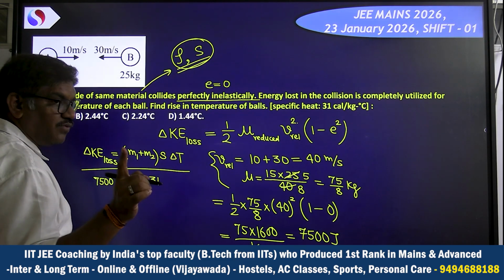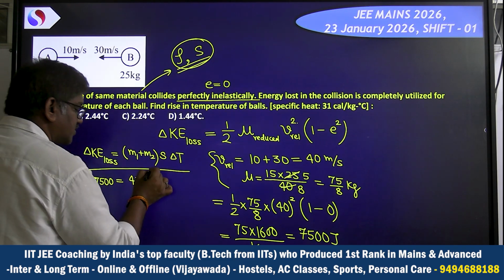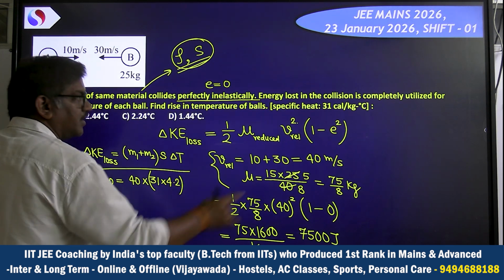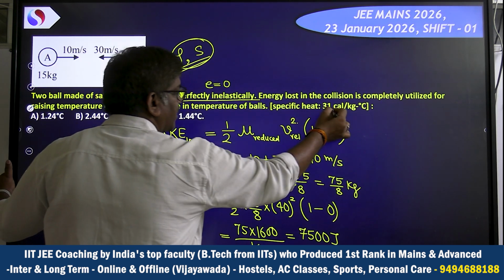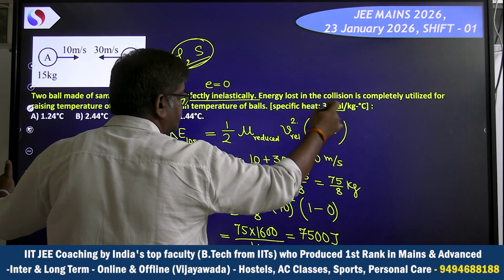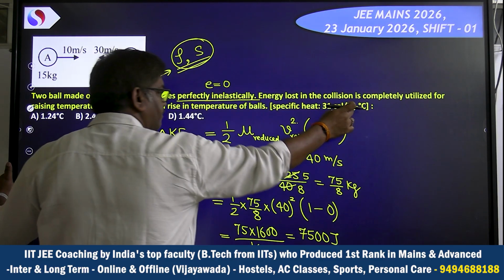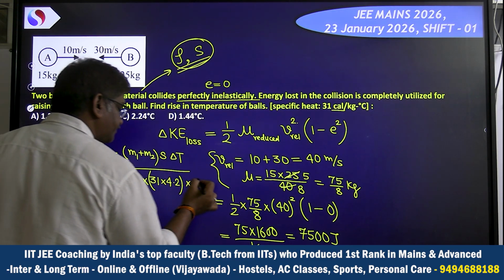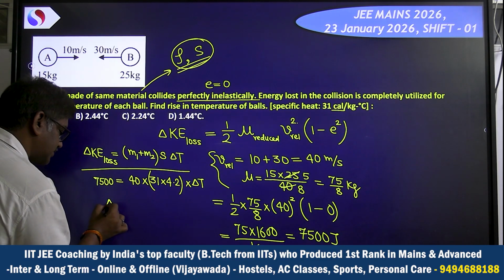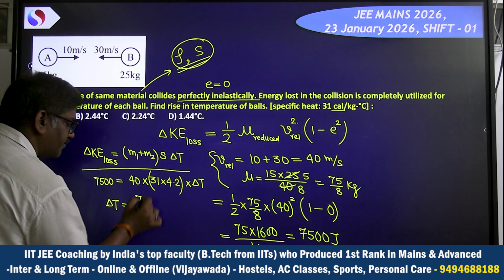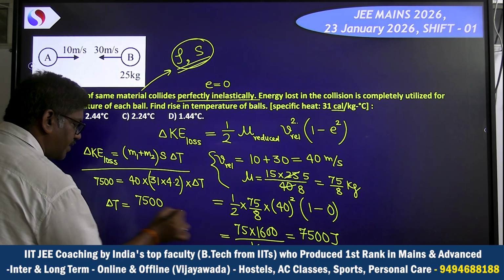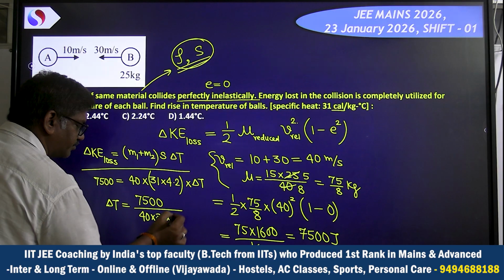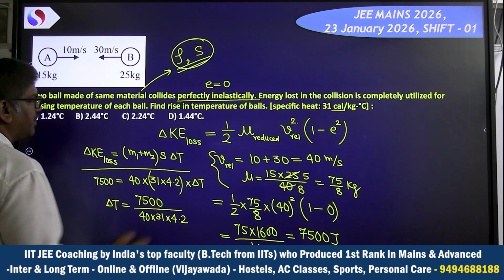But since we are dealing with SI, it is in calories, so 31 into 4.2. 31 calories you have to change to joules, so 4.2 joules per kg per degree centigrade, into delta T. So here delta T comes as 7500 divided by (40 into 31 into 4.2). That will be my answer.